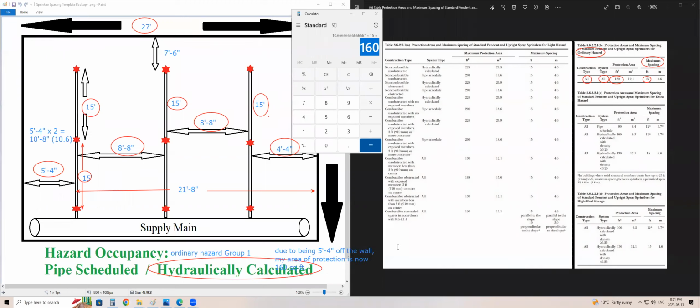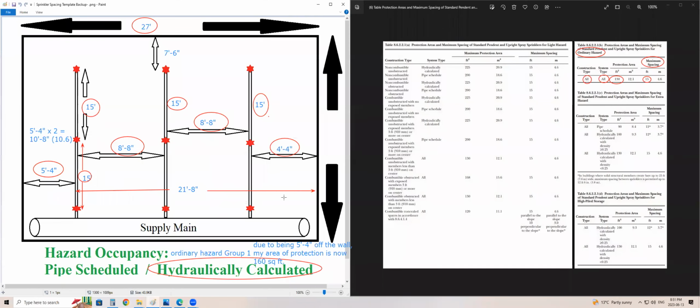And is that acceptable? Not for ordinary hazard. I needed to achieve my 130. So this is no good. This does not fly. So when you're in the field, you need to keep an eye out for this kind of shenanigans because it's a very common thing. Guys don't realize it. So that was a mistake.